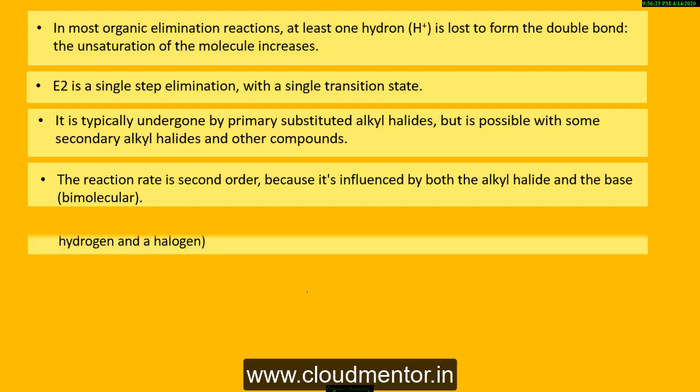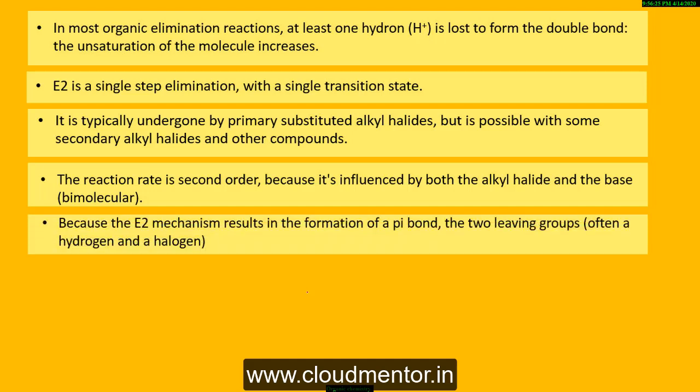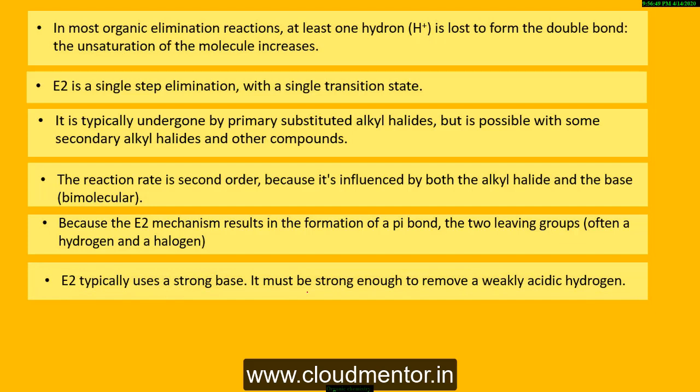Because the E2 mechanism results in the formation of a pi bond, there must be two leaving groups, often a hydrogen and a halogen. E2 typically uses a strong base, in order to remove the weakly acidic hydrogen.